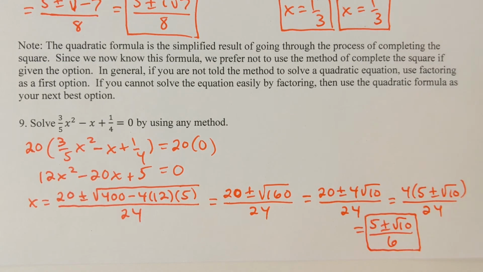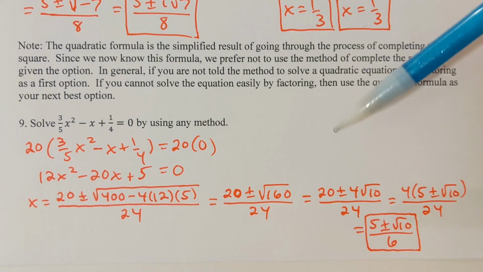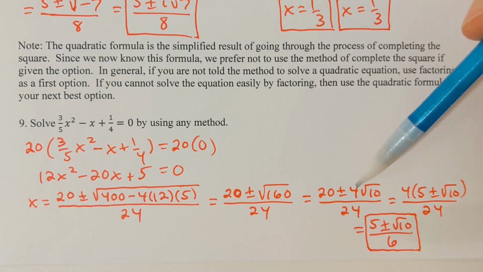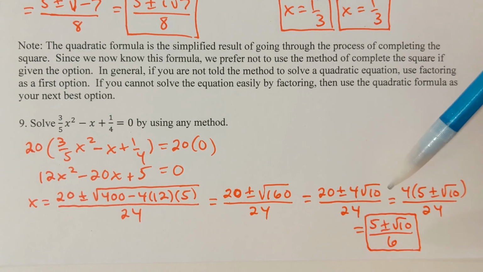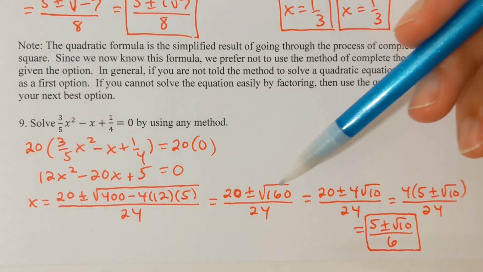And 160, let's see, that's going to break down as, if we use 16 and 10, the square root of 16 is 4. Root 10 would be the leftover, that's not going to break down further. So 4 times the square root of 10 would be the simplified form of the square root of 160.